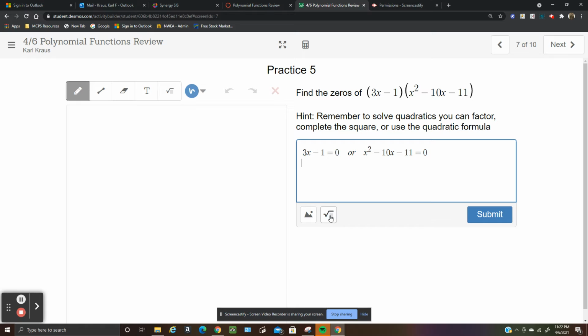So the first equation, 3x equals 1, and then divide both sides by 3. X is 1/3.